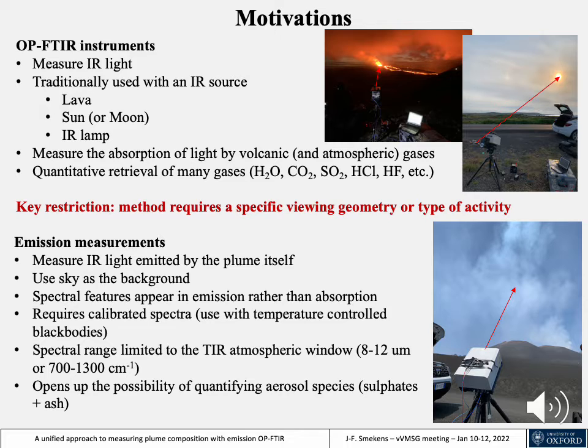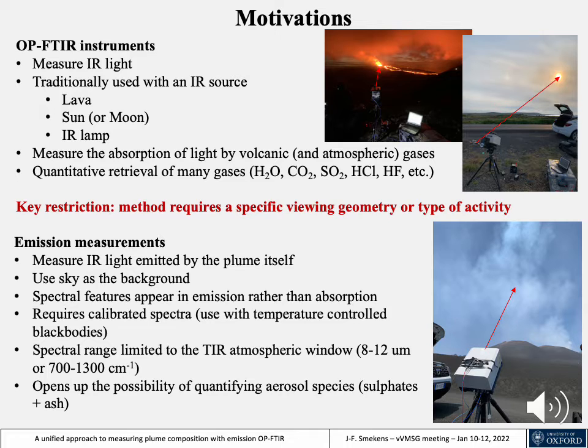One of the key restrictions of the method, however, is that it does require this specific viewing geometry, placing the gas in between a light source and the observer. This can restrict the type of activity that can be investigated with the instrument. Specifically, it's very difficult to investigate passive degassing with the method unless there is a lava lake that can be used as an infrared source.